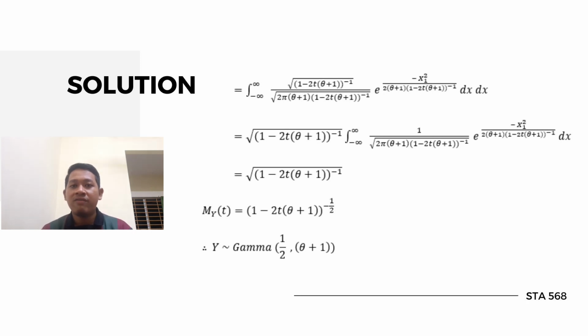In the bottom part of the fraction, we add the new variance, 1 minus 2t times theta plus 1 to the power of negative 1, in the square root beside 2 pi theta plus 1.